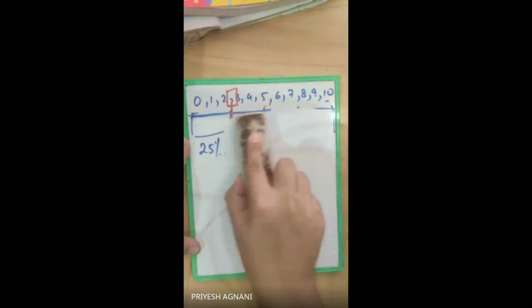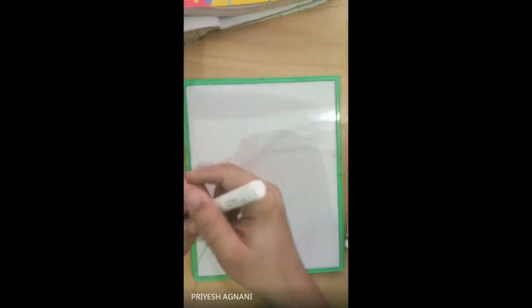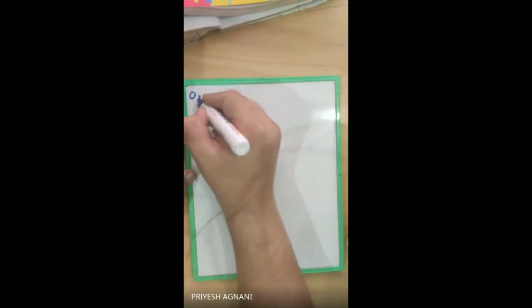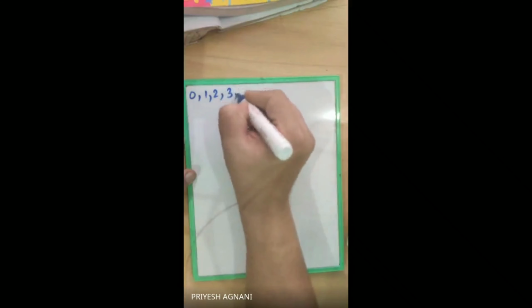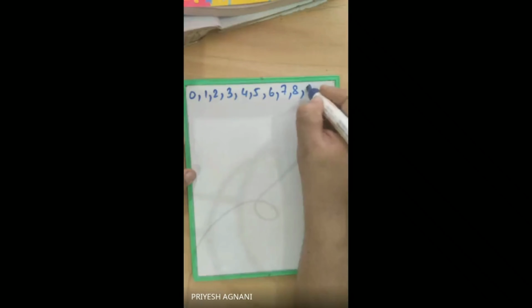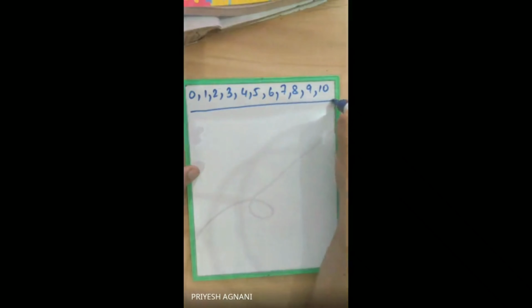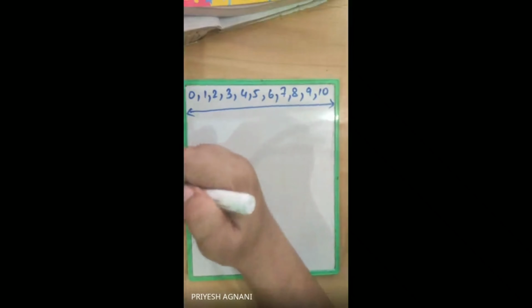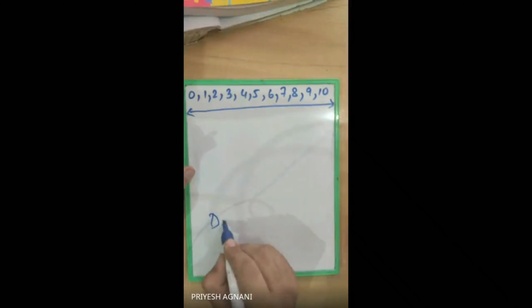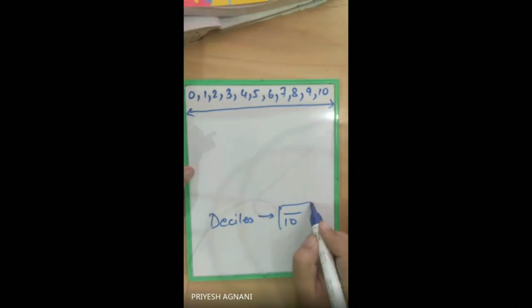Let us see about deciles. Okay, the values are given the same: 0, 1, 2, 3, 4, 5, 6, 7, 8, 9, and 10. This is the whole range arranged in ascending order. In deciles, we have to divide it into 10 parts.